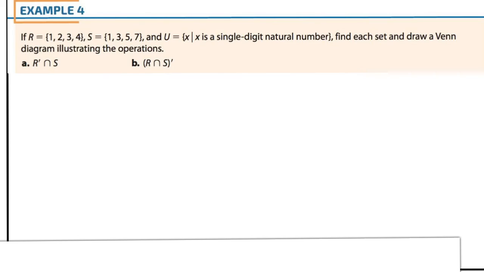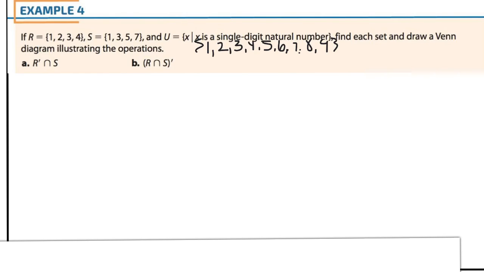So it's still the universal set with single digit natural numbers. Once again, this is 1, 2, 3, 4, 5, 6, 7, 8, and 9. I know those are looking like periods, but they're supposed to be commas. There we go. So it's our complement.